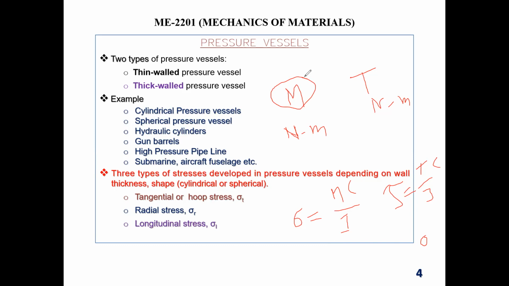The torsional shear stress formula is tau equal to Tc by J, but for bending stress the formula is sigma equal to Mc over I. In torsion, shear stress at the center of the shaft is 0. But in bending, shear stress in a beam at the center is maximum. So those differences you need to put in the exam if I put those types of questions.